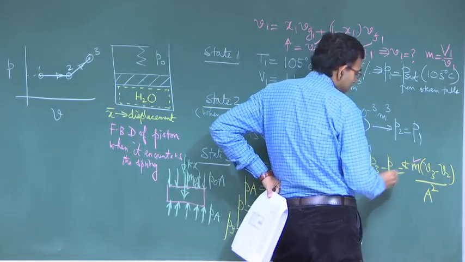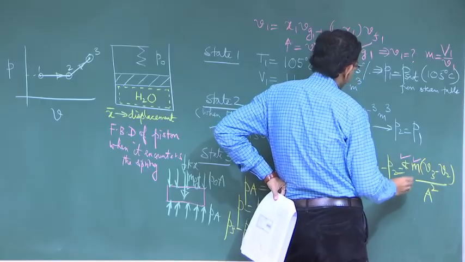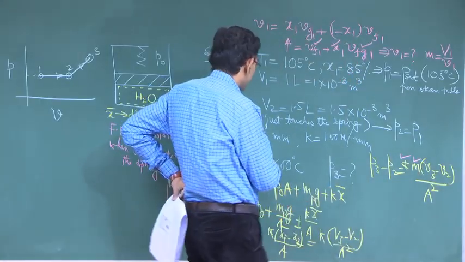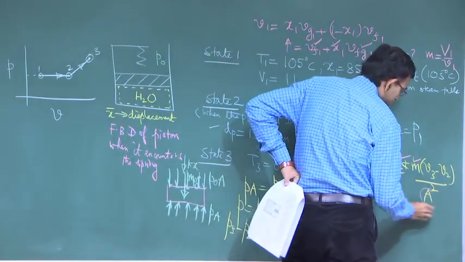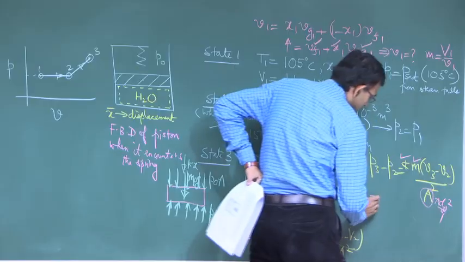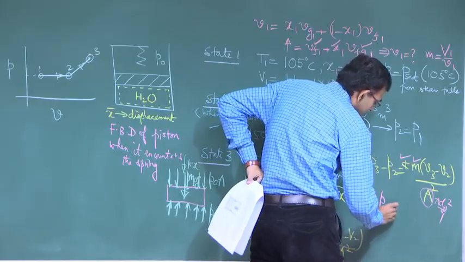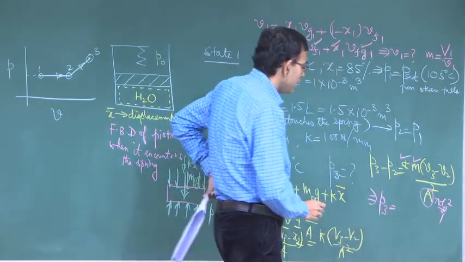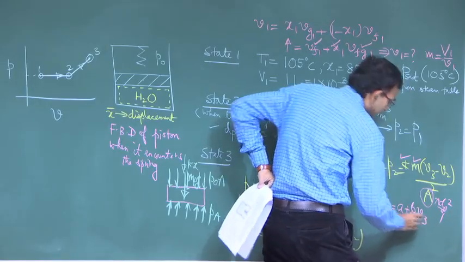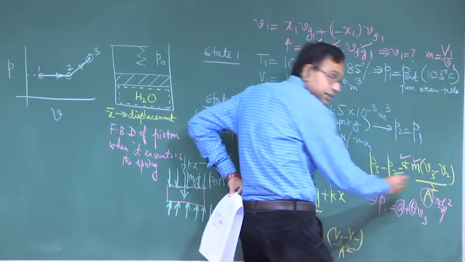And this K you know already, area of the piston is pi d square by 4. So, from here you can write an equation P3 is equal to some A plus B into V3, where A and B are numerical constants.